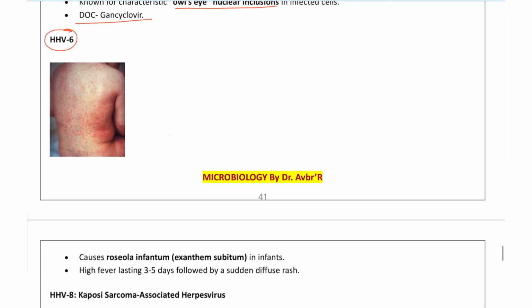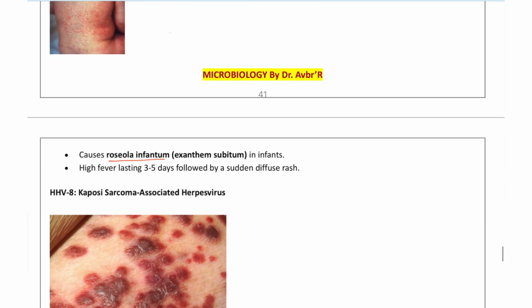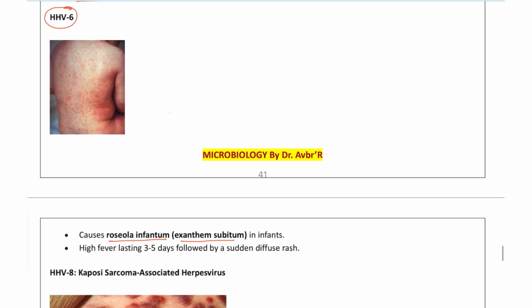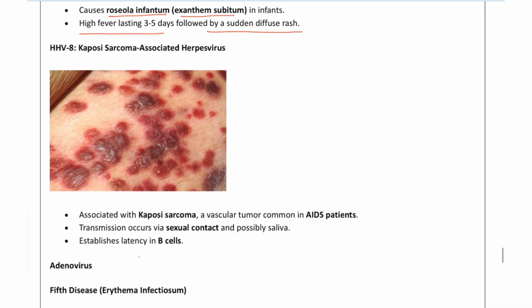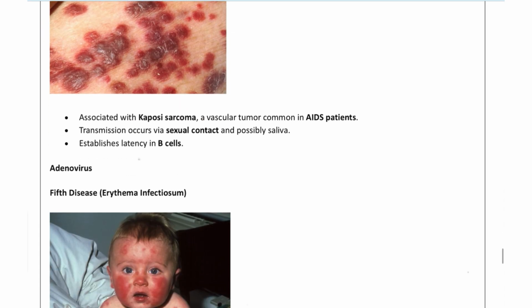Next, HHV6. This is going to cause the roseola infantum, exanthem subitum. That means a complete rash on the body that you are going to see. High fever lasting 3 to 5 days followed by the diffuse rash. HHV8 is going to cause Kaposi sarcoma, a vascular tumor commonly seen with AIDS patients.